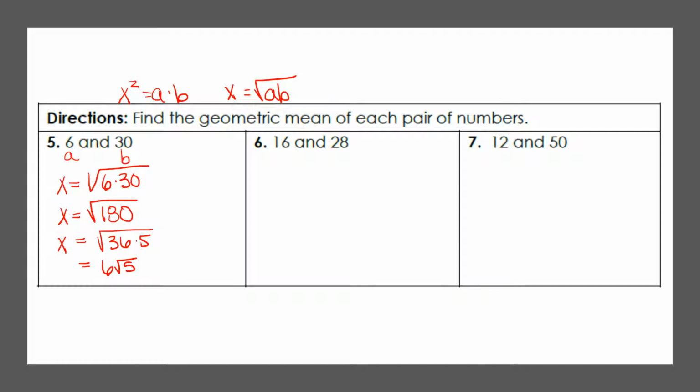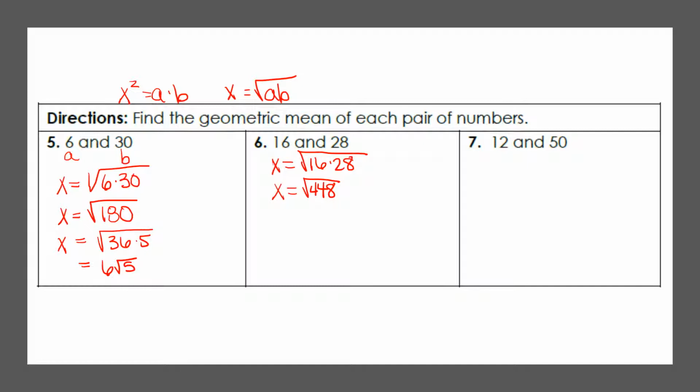If I look at problem 6, x is equal to the square root of 16 times 28. If I go ahead and multiply them, x is equal to the square root of 448.